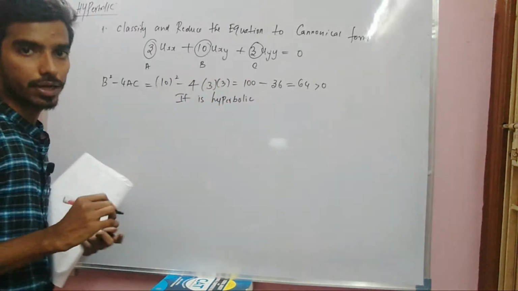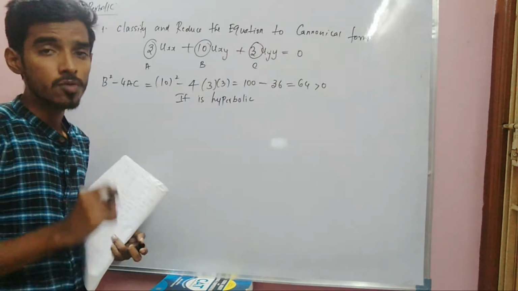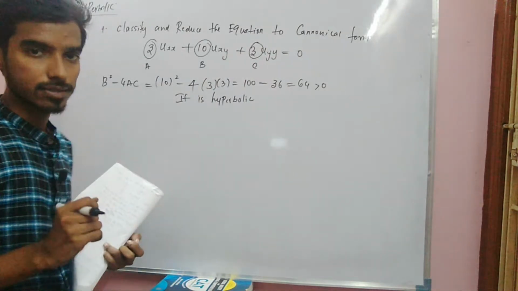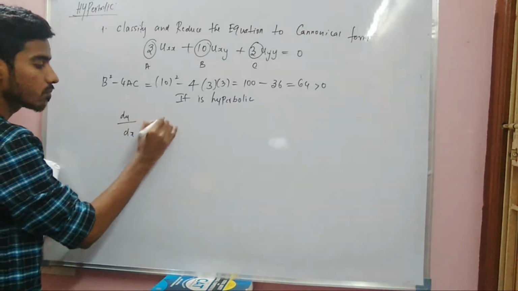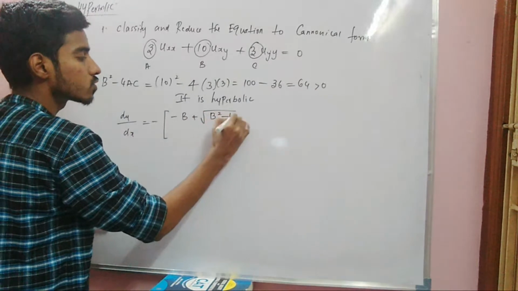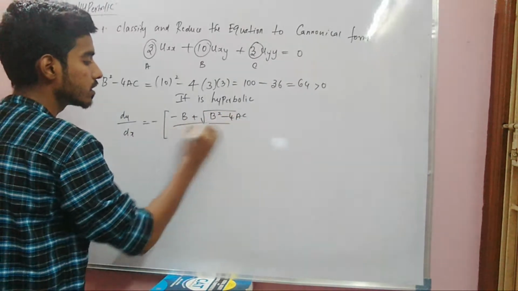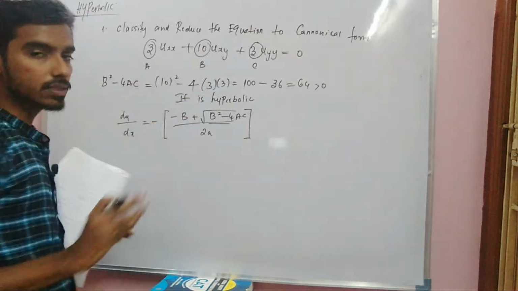It is hyperbolic. Now what do you need to do? You need to find canonical form. In order to find canonical form, you need to find the characteristics, right? So what is the first characteristic? dy by dx is equal to minus of minus b plus square root of b square minus 4ac divided by 2a. So our a is 3, b is 10, c is 3 here.